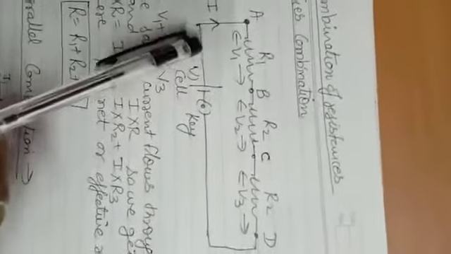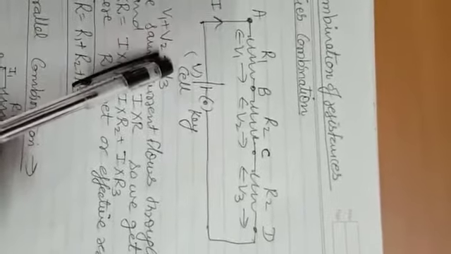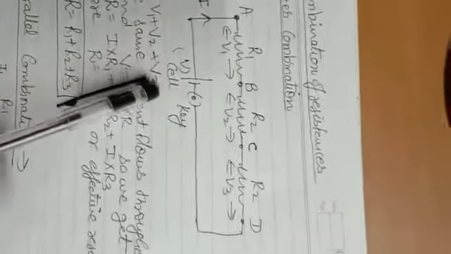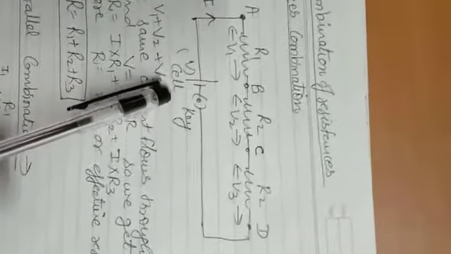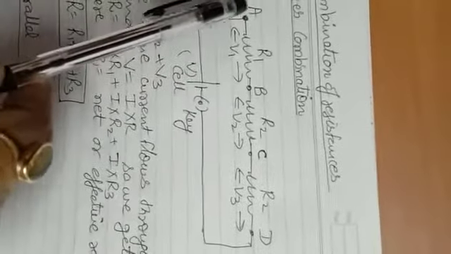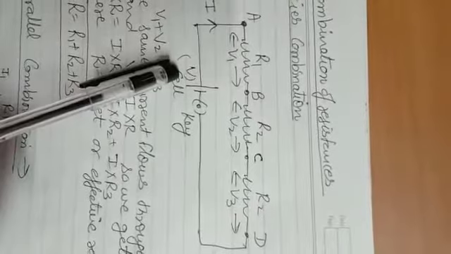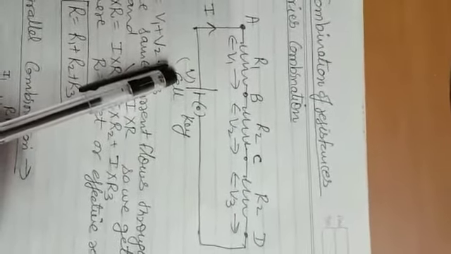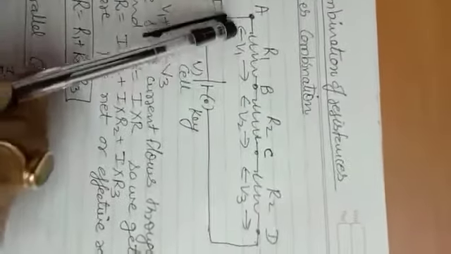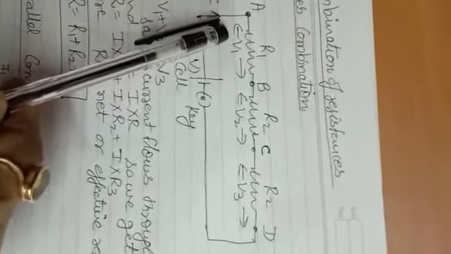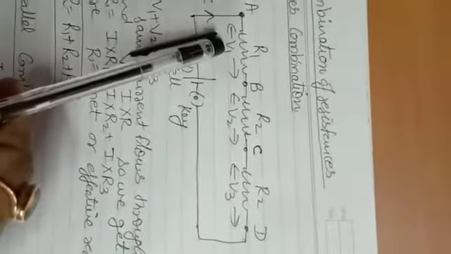When we have to calculate the potential difference, you know potential difference is defined as work done in taking a unit charge from one point to another. If we calculate the potential difference between A and D, then the total potential difference is V, the potential difference of the applied source. We can divide it into parts: work done in taking the unit charge from A to B, then B to C, and then C to D. This will be the potential difference across the first resistance, V1.